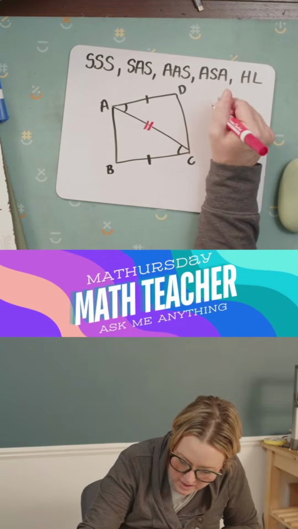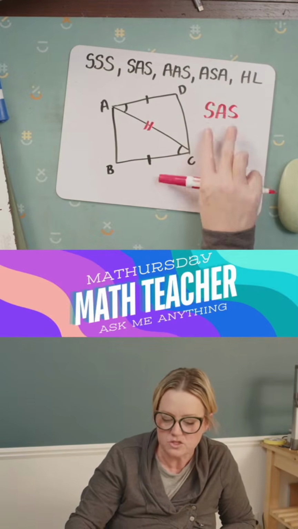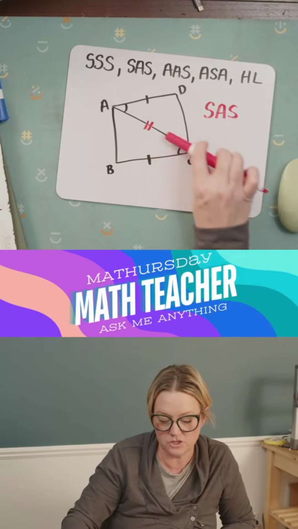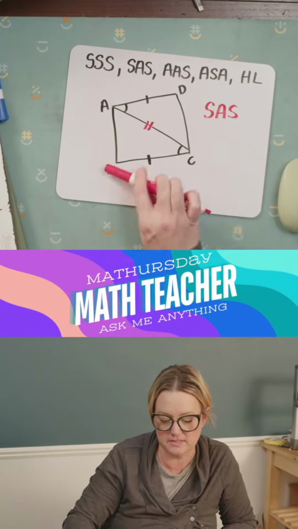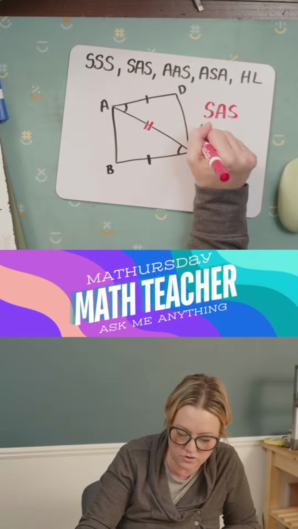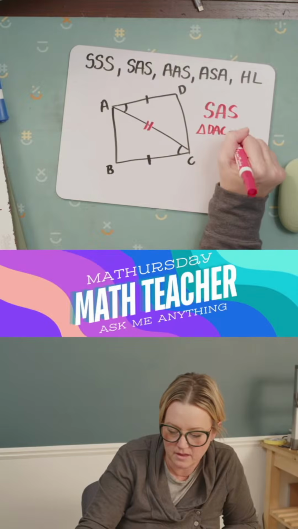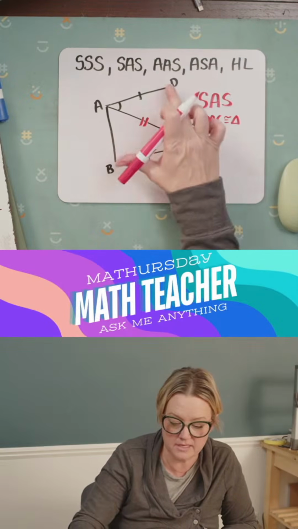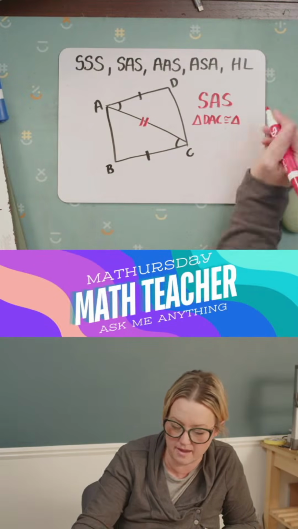This would demonstrate SAS. It's two sides and their included angle. So the two sides are what make that angle. Side, angle, side. So in this case, we could say triangle DAC is congruent to triangle BCA. Now the order matters, right?